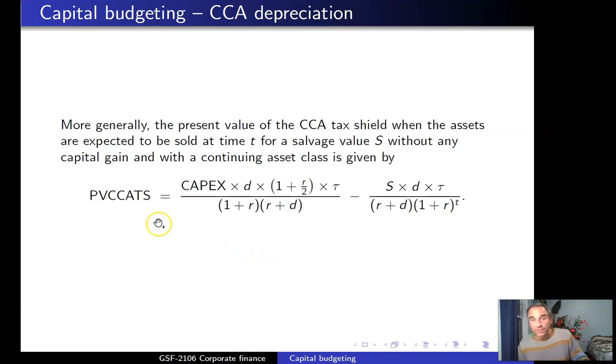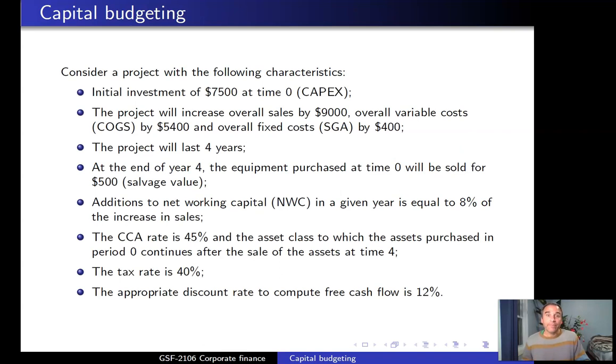And more generally, the sum of all 3 tranches of CCA depreciation tax shield gives us the present value of the CCA tax shield, which is the CCA tax shield, assuming the assets are kept forever, minus the CCA tax shield that will never be collected because the assets will be sold at a price S at time T. And next, we will go over an example.